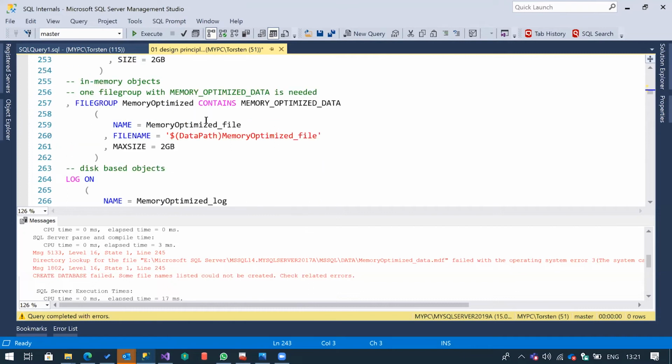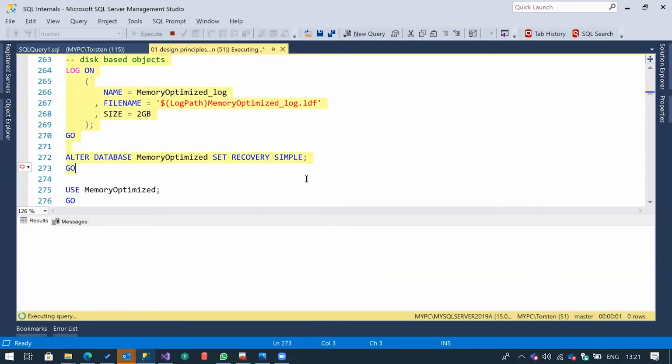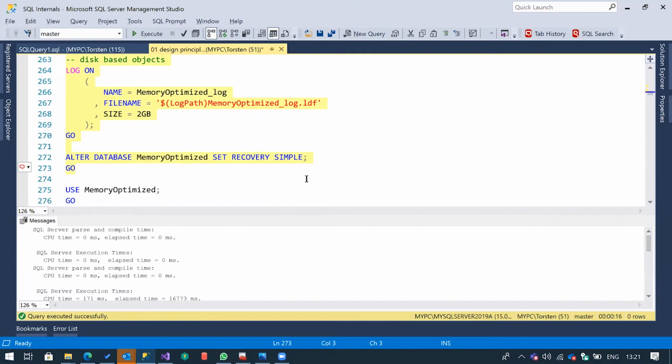Again, I will create the database. And again, by creating the database, I will allow the user to create in-memory OLTP tables. I do not force the user. That means you still have the option either to create an in-memory OLTP object within the same database as you already have traditional on-disk tables.